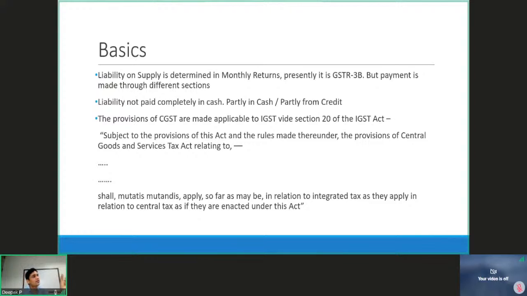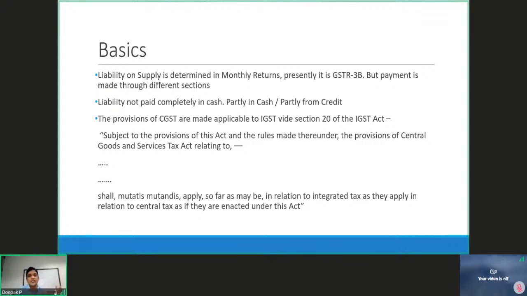So if the payment has to be made by the 20th under the CGST Act, then even under the IGST Act, it has to be made by the 20th. So there is no separate section-wise repetition of the CGST Act under the IGST Act. Section 20 empowers the IGST Act itself to borrow the provisions of the Central Goods and Service Tax Act with mutatis mutandis.